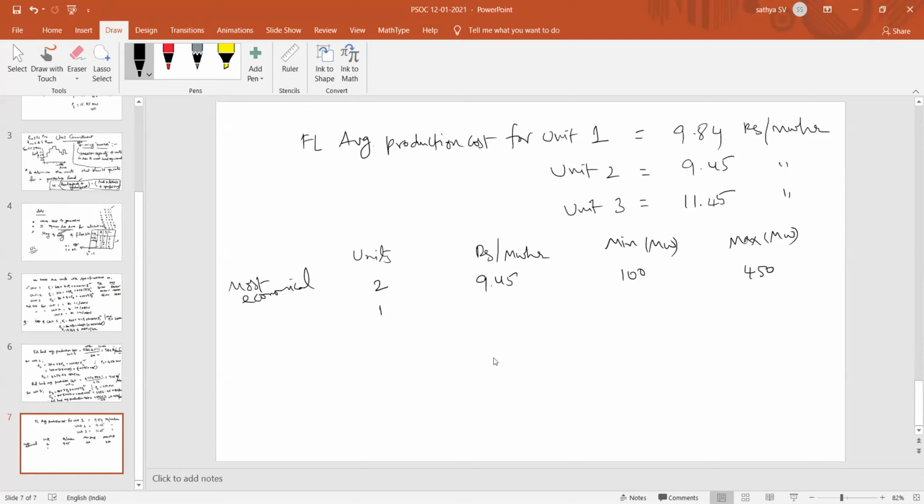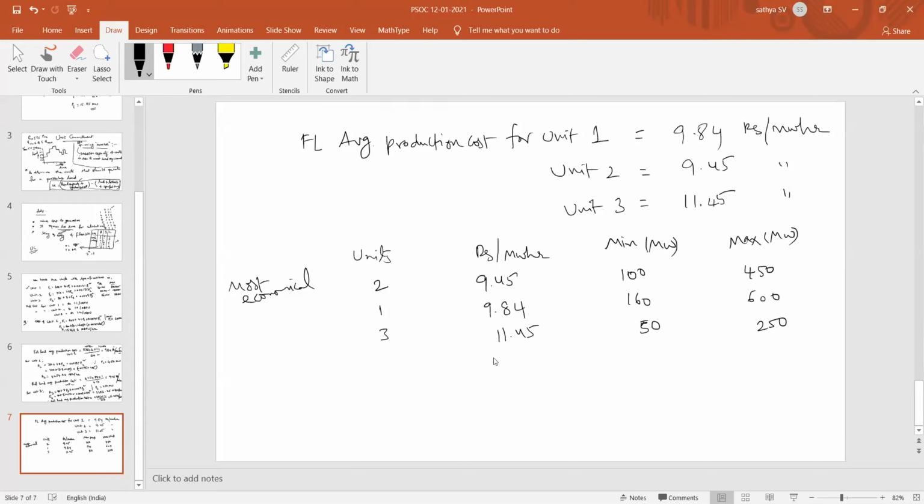The value is 9.84, the minimum is 160 and the maximum is 600. Later, the least preferred is unit number 3 with 11.45, 50 and 250. This is the priority list method.